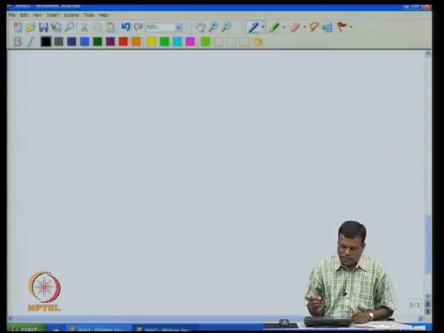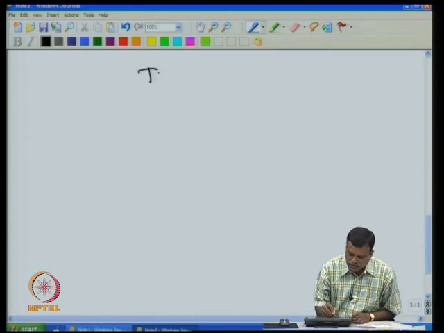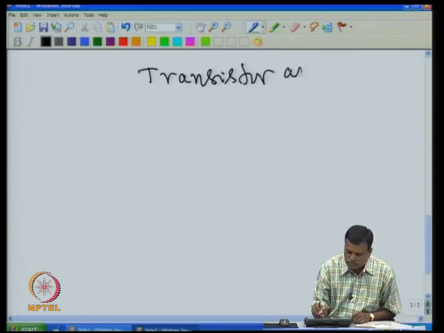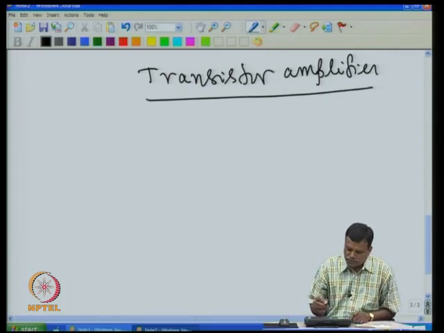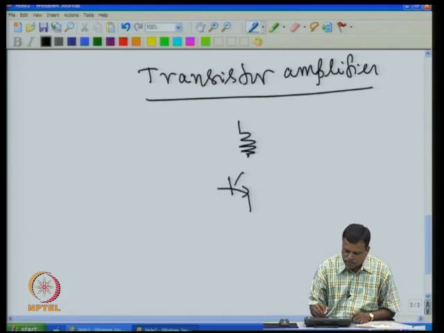So if you take the transistor amplifier circuit, it looks like this. I take, for example, an NPN transistor, and the amplifier looks like this.